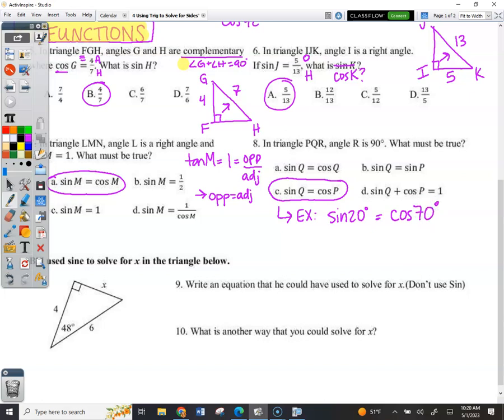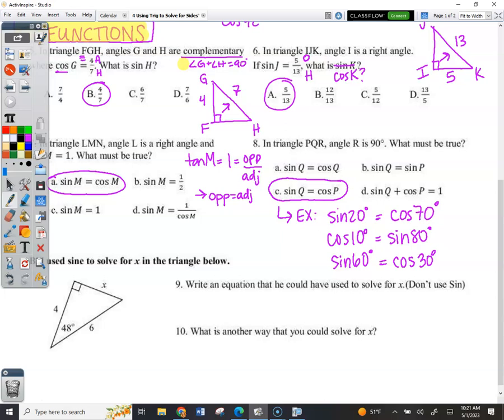Let's do another one. Cosine of 10 would be the same as sine of 80. Another one: sine of 60, let's keep them pretty, would be cosine of 30. Where are we getting these numbers? You have to add to 90. That's how you get the other number. You're just saying 90 minus the one that they gave you, and you're switching to the other trig function.